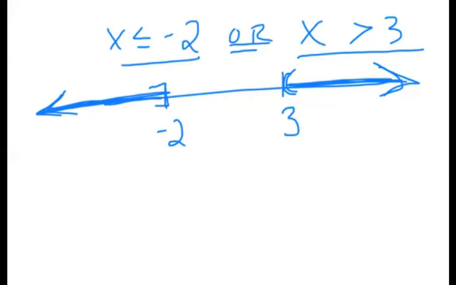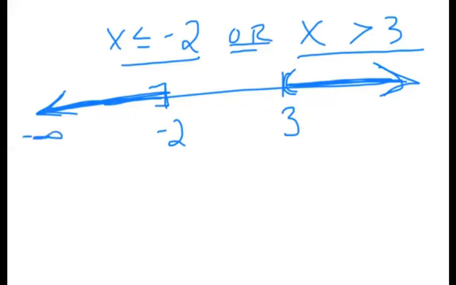Now, notice, guys, for this one, the union, the graph is disconnected. This doesn't always happen, but for the majority of the time, when we talk about the union graph, it is going to be a disconnected graph. And so when we talk about the intersection, typically the intersection graph is one interval, while the union graph represents 2 intervals.